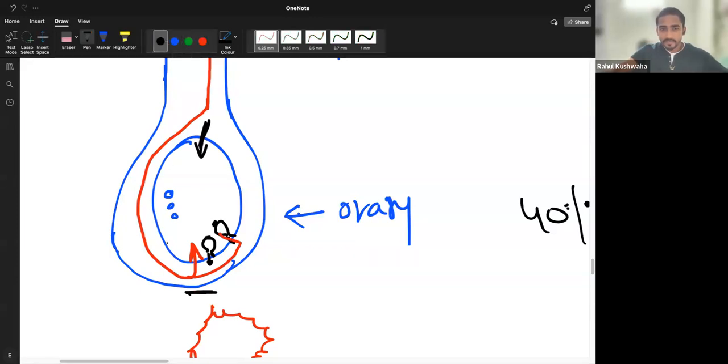And if there is a third one: funicle, hilum, integuments, and this is the micropylar end. So for this, the tube will enter from here, right? You understood how it is attached? Because this is the wall of the ovary. This is the wall of the sac. Clear, everyone? Give me a thumbs up.